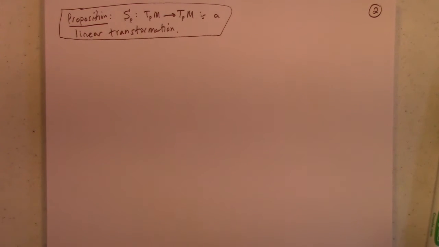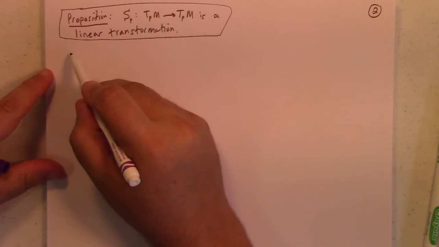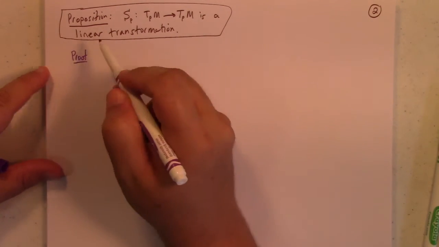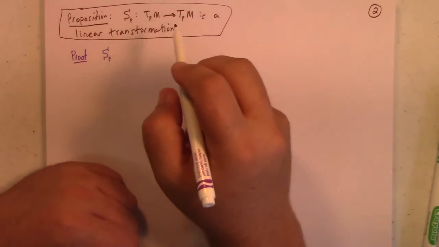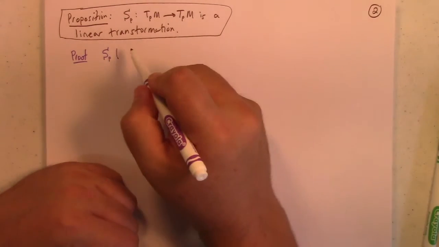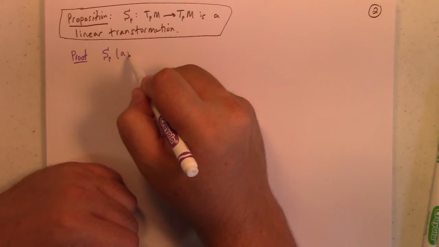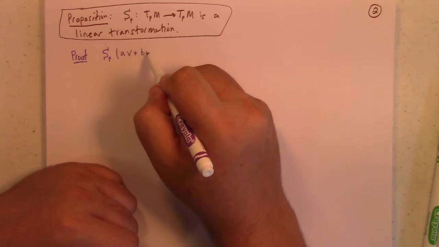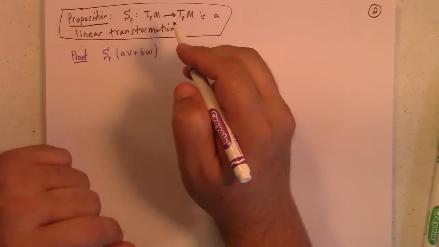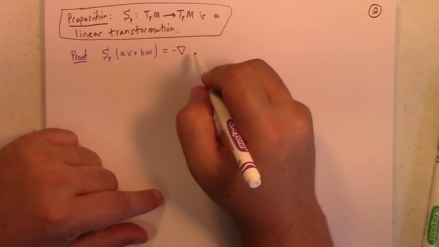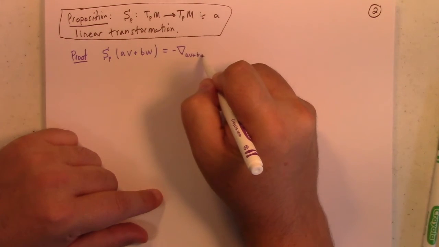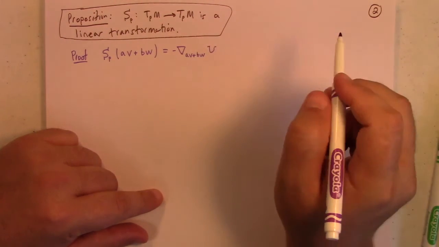Well, I suppose it depends on how we want to do the calculation for the covariant derivative. So let's see here, S_P of aV plus bW, where V and W are vectors at P. Well, that would be minus the covariant derivative of aV plus bW on U, right?